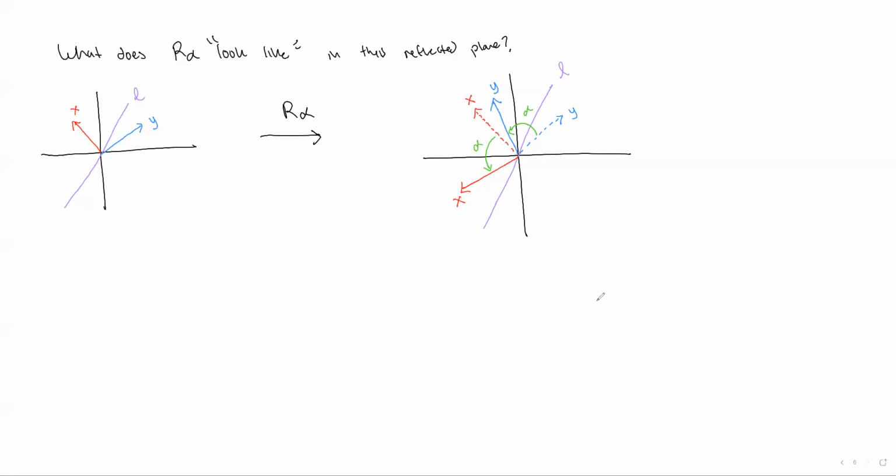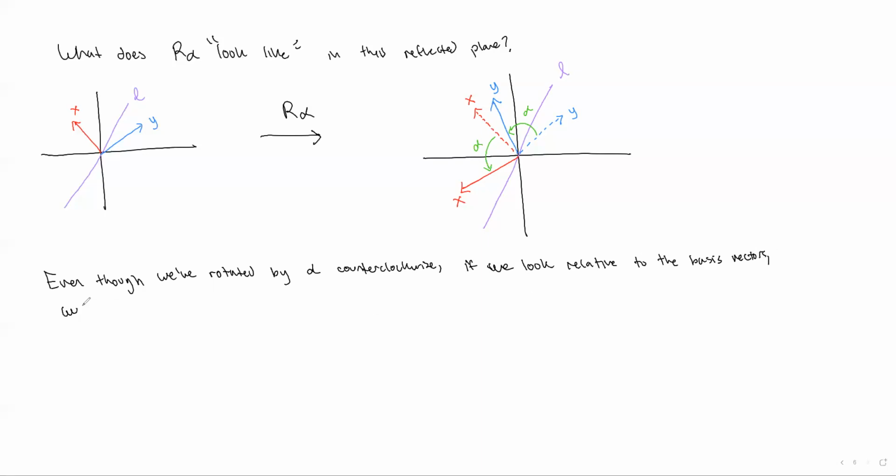So now the point is, and I'll write this in words, even though we've rotated by alpha clockwise and counterclockwise, if we look relative to the basis vectors, we've actually rotated counterclockwise.